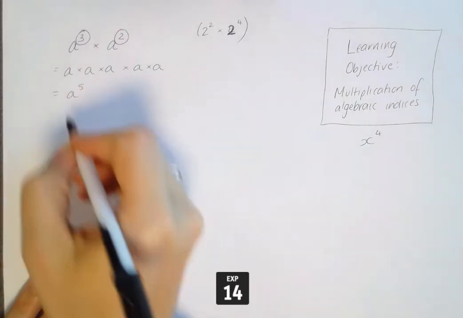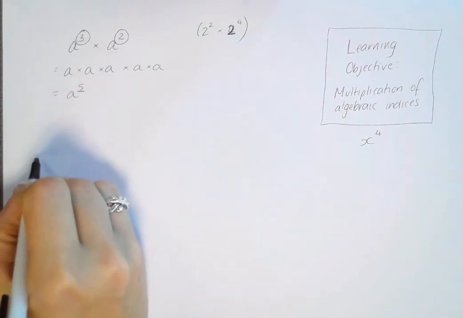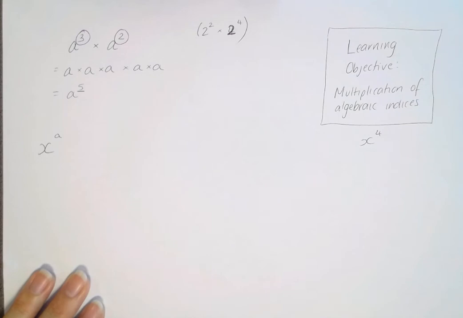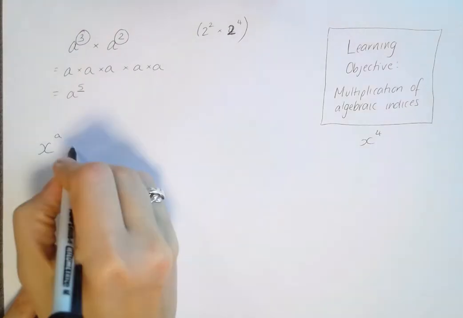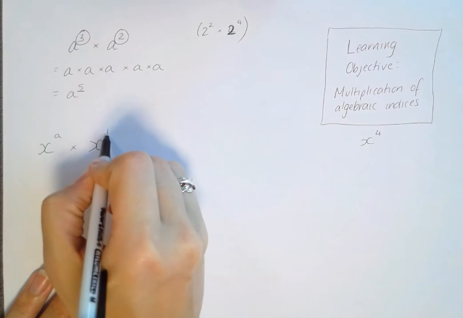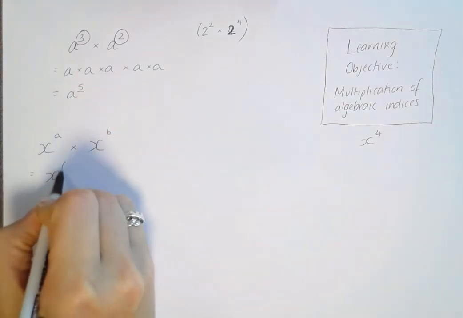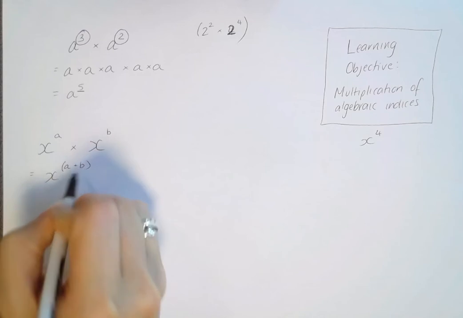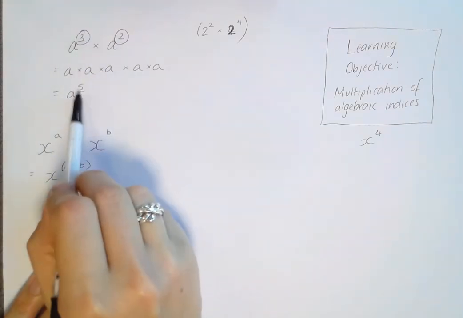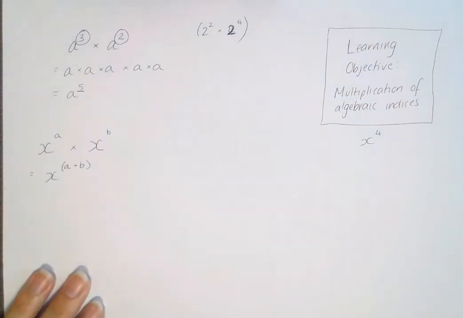What we've actually done is say that if we have a base x with a power a, just a random one, and we multiply it by another term with the same base x, and this time it's got b for a power, what we actually get is x to the power of a plus b. Up here in this example we ended up with 3 plus 2, so we found that.